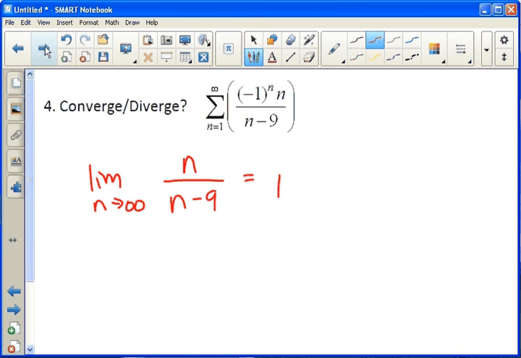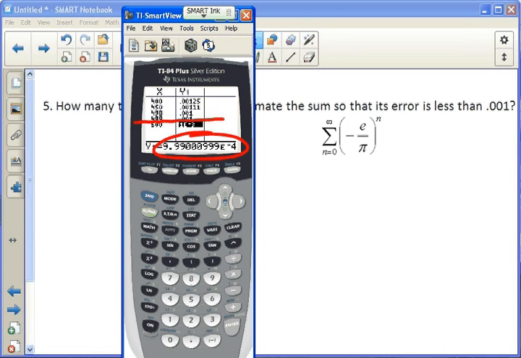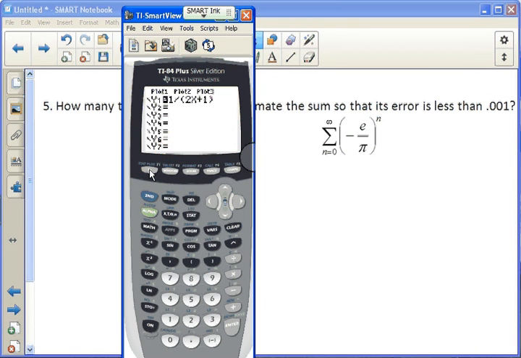Okay, error question again, so we need to plug our equation in. We get -e over pi raised to the x. Okay, we go to the table. Okay, these are way too big.